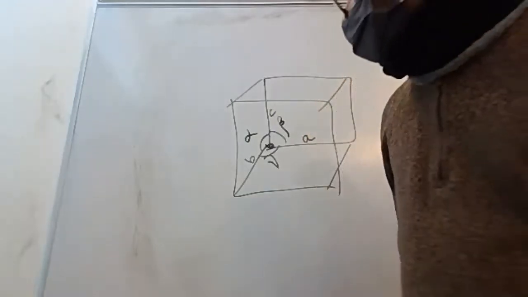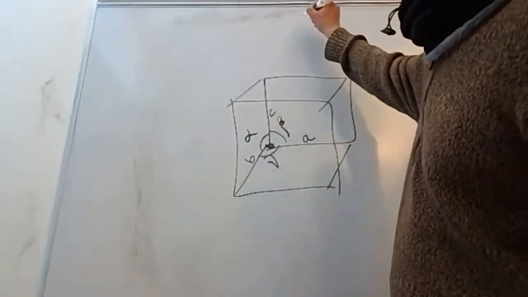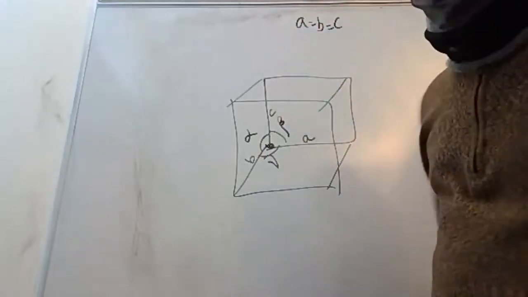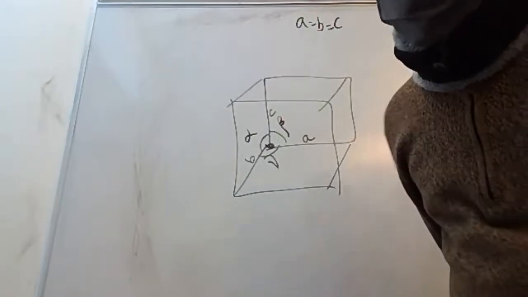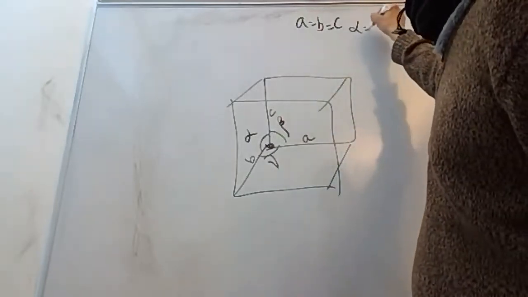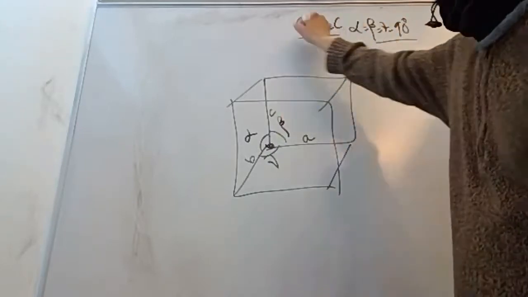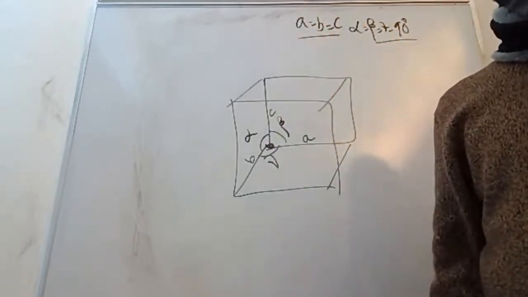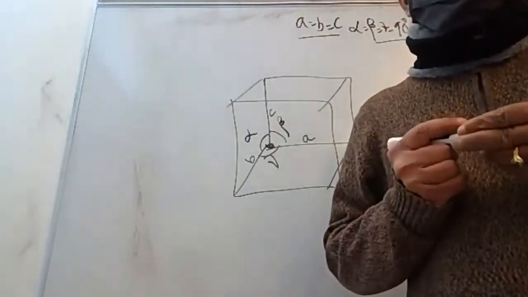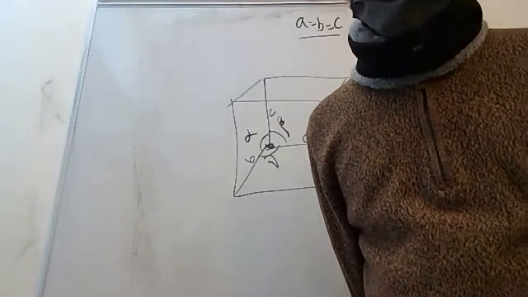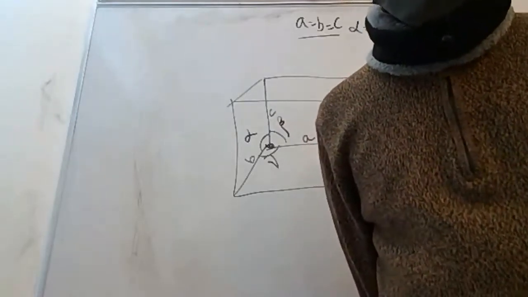So you can have a situation where A equals B equals C, all the sides are equal, and all the internal angles are 90 degrees. What do you think this geometry should be called? If all the internal angles are 90 degrees and all the sides are equal, we have a name for the geometry. What do we call it?